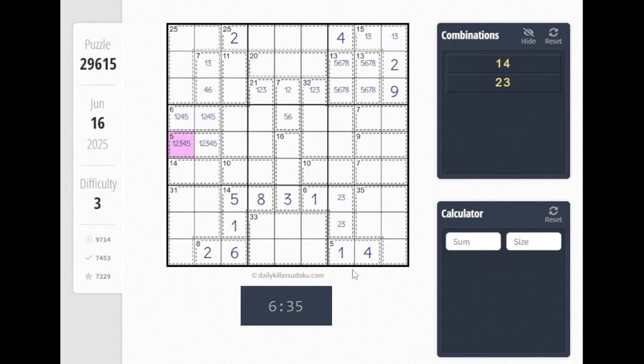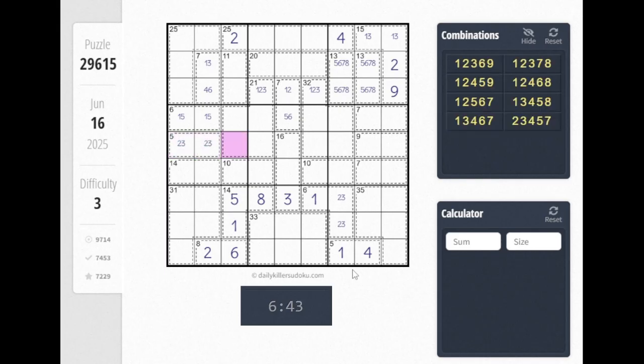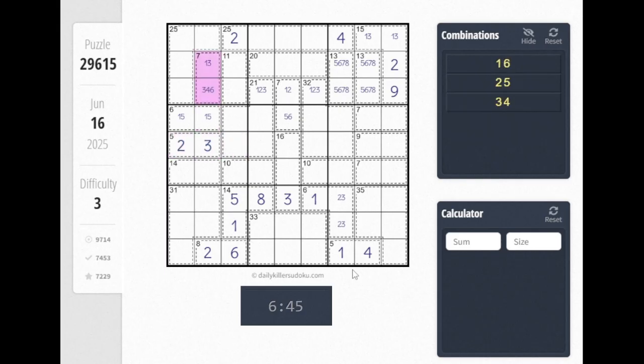So what's wrong here? This can't be 2, 4, because if it's 2, 4, that eliminates this, which makes this 1, 4, 3. And that's just because of the fact that there's a 2, 5 there. And that makes this 3, 4. Which makes this a 1, 8, which makes this a 2, 5, which makes this 6, 7, 9.